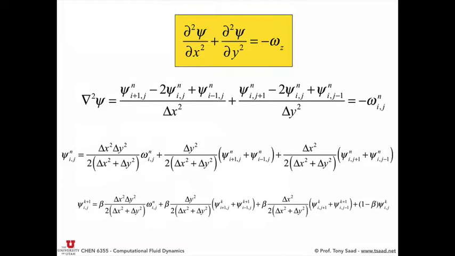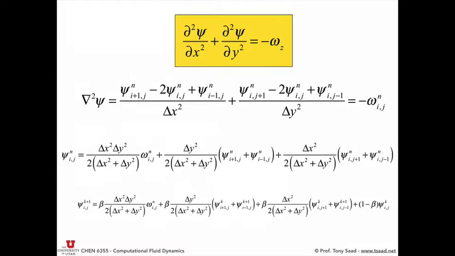Then the central discretization, just like we did for the diffusion term, is very simply, let me put the indices: psi I minus 1 j minus 2 psi I j plus psi I plus 1 j over delta x squared, plus psi I j minus 1 minus 2 psi I j plus psi I j plus 1 over delta y squared.